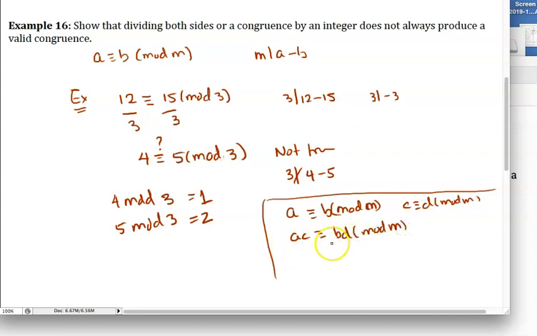So multiplication is good. And addition, a plus c is congruent to b plus d mod m. Those rules we proved, but you can't divide both sides by the same number in most cases, because it will sometimes lead us to an incorrect congruence.